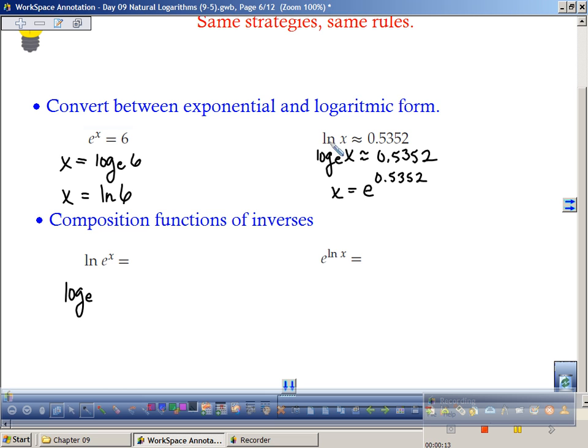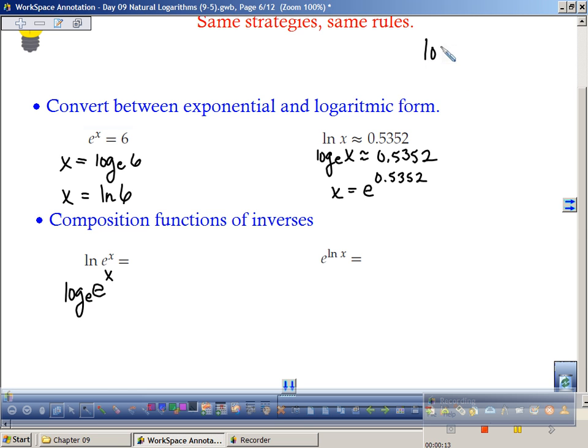Ln x is the same thing as log base e of x, right? So log e to the what? e to the x. Doesn't ln just mean log e?